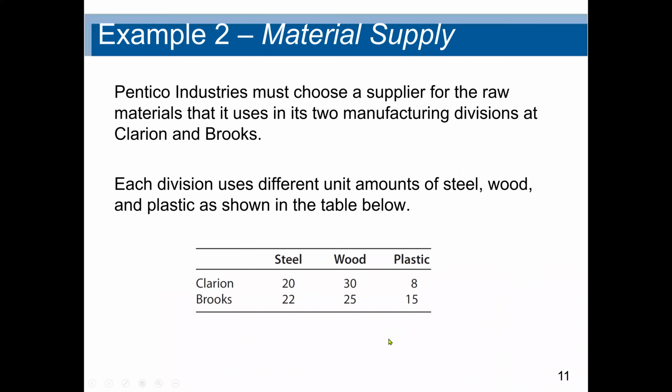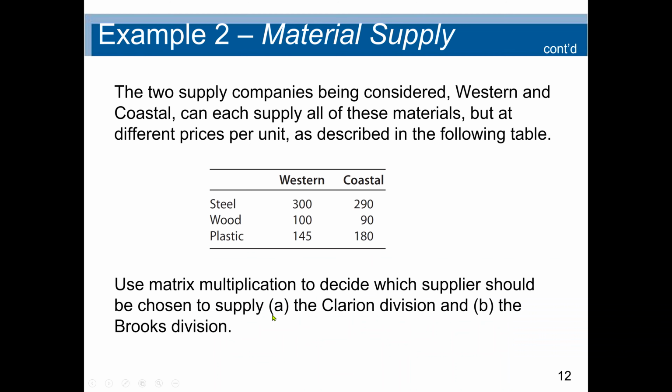So let's see an example. Here we have an example, and this is the data we generate from 3 different items, steel, wood, and plastic. And these are the different divisions. And the second, we were able to generate the Western and Coastal.